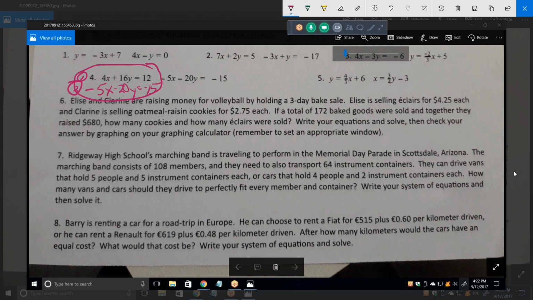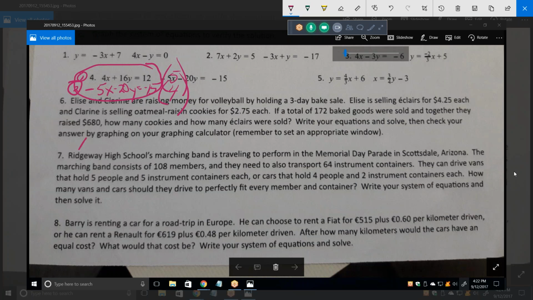But what if I multiply the top equation by 5 and the bottom equation by 4? So the top equation, both sides have to multiply by 5. Bottom equation, both sides have to multiply by 4. That's going to give me 20x and minus 20x. Then I can add the two equations and x will be eliminated.